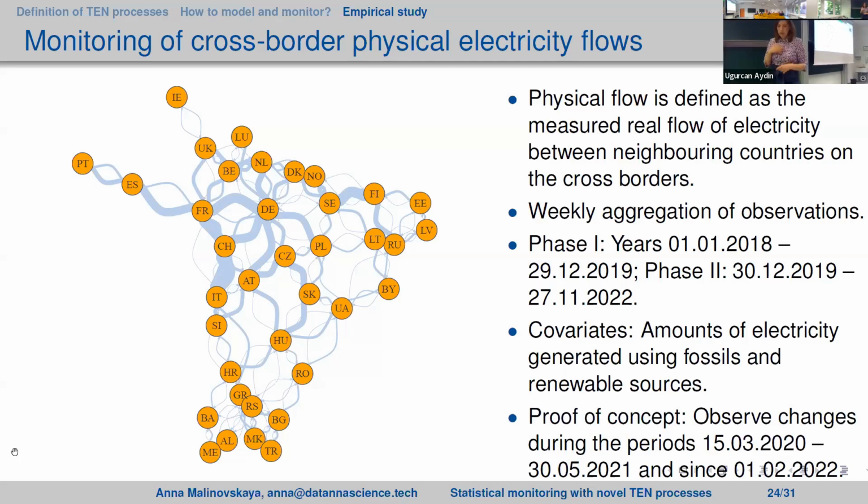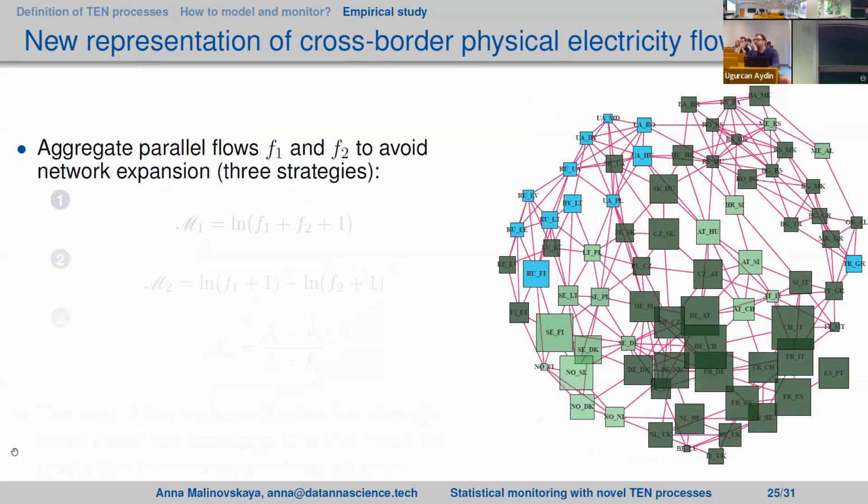And for us, the goal is to say the approach works when it is able to detect the anomalous behavior during the period of the Corona pandemic and since the 1st of February. Why? The actual war started on the 24th. The first is something like preparation, we could think, right? Or something already happening in Europe.